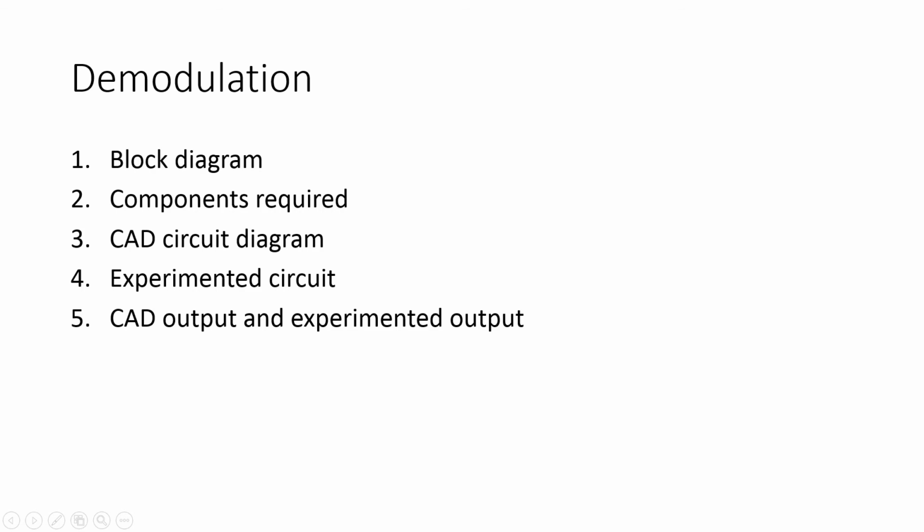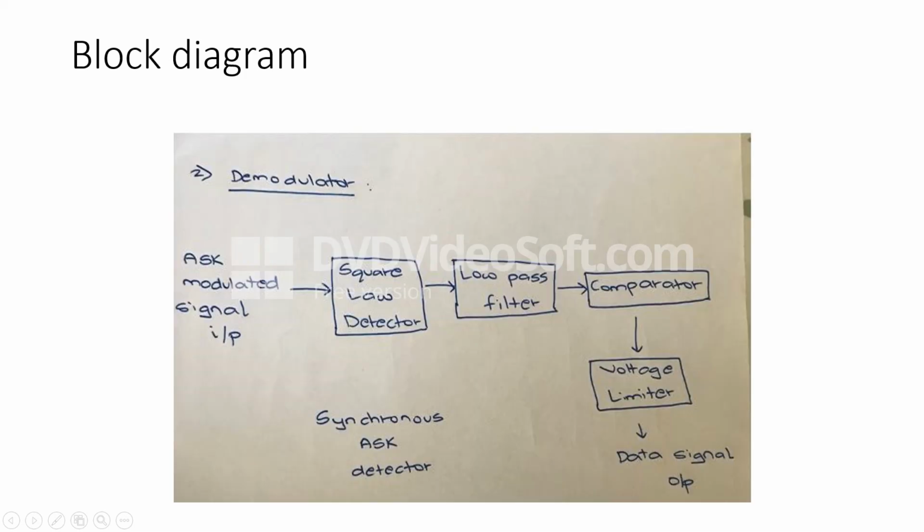So let's go to demodulation. In demodulation, we are going to cover 5 things: block diagram, components required, CAD circuit diagram, experimented circuit, CAD output, and experimented output, the same as we did in the modulation. So this is the block diagram for demodulation.